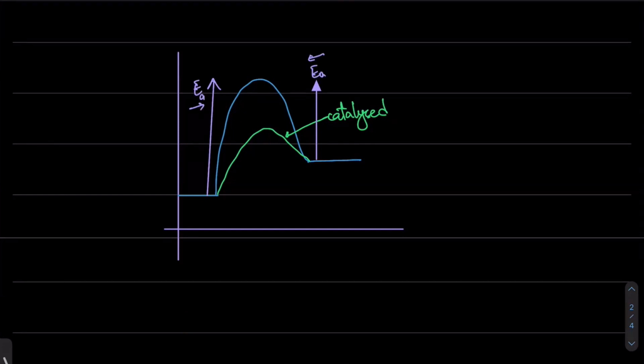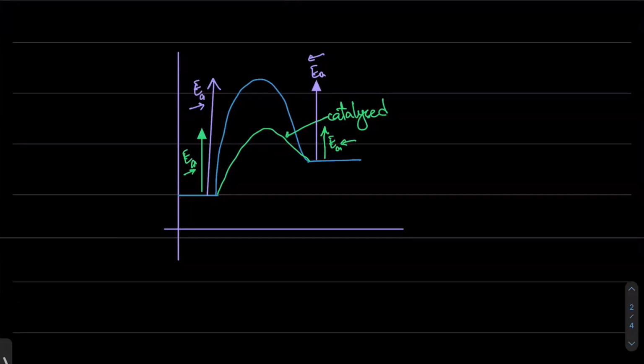When I am using a catalyst, this is my activation energy of the forward reaction. And when I'm using a catalyst, this is the activation energy of the backward reaction. Do you see that both forward has been decreased and the backward activation energy has also been decreased?